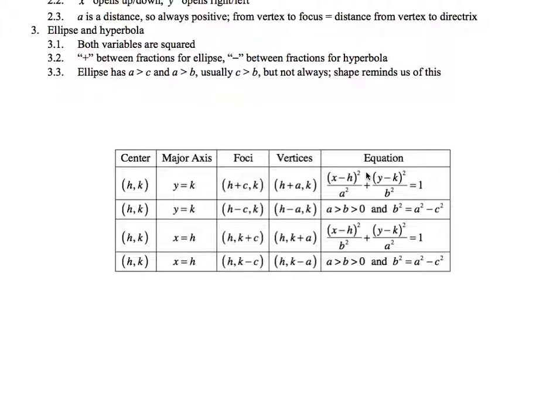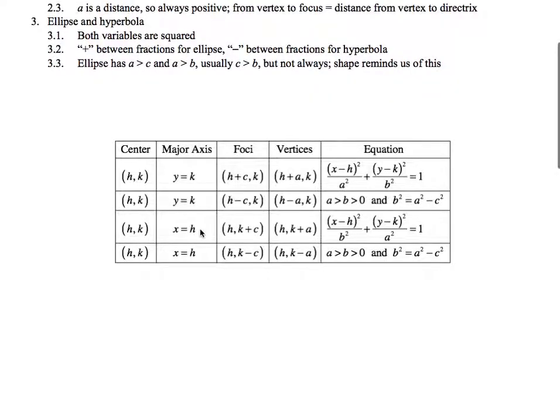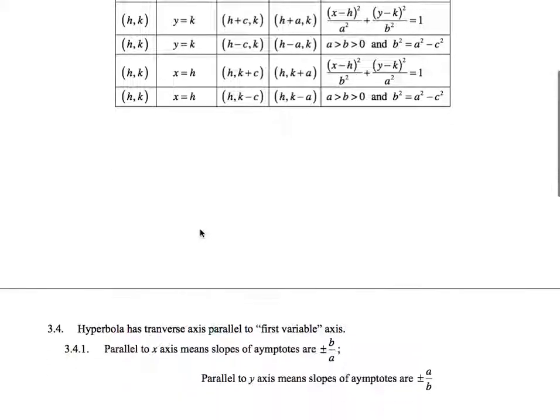And I think people have a reasonably good handle on that. You may also want to take a look in your text and remind yourself what these equations mean. Y equals k being a horizontal line, and x equals h being a vertical line.